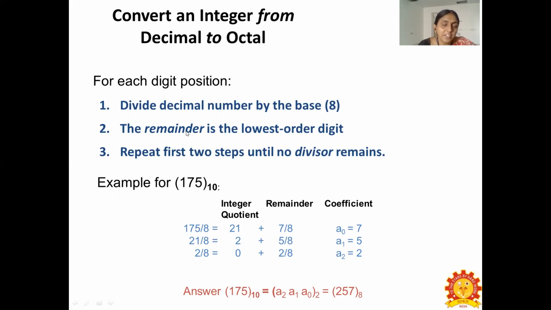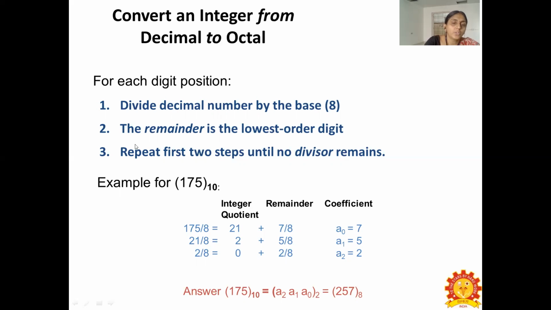So here 175 is divided by 8 and we get the quotient as 21, and here we represent A0 as 7, the coefficient value. Next the quotient 21 is taken, 21 divided by 8. So here the quotient is 2 and the coefficient value here is 5.